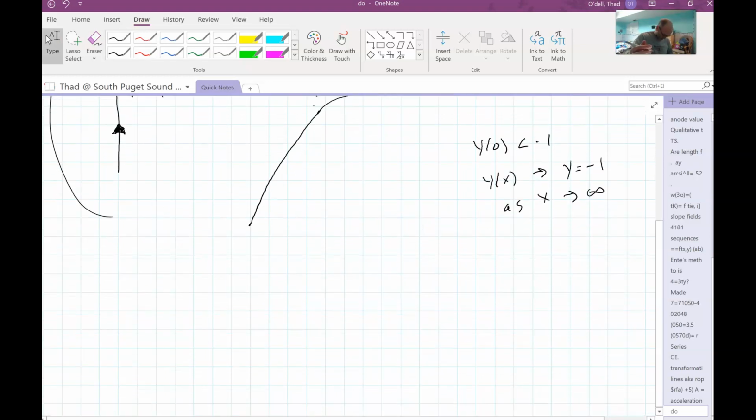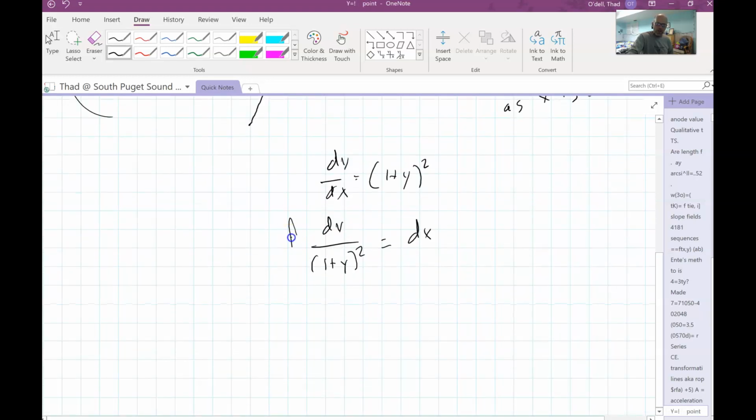So if we look at this for a second, we notice that dy/dx is obviously a separable equation. So we could rewrite this as dy over y plus 1 plus y squared is equal to dx.